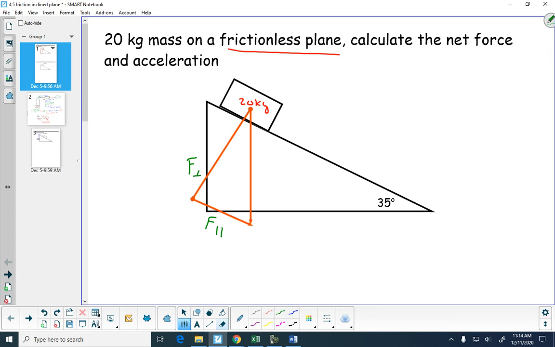We have our force of gravity. And this angle here, once again, will go up there in the triangle. We have a 20 kilogram mass, so go ahead and calculate your force of gravity first off. Then find your force parallel and your force perpendicular.